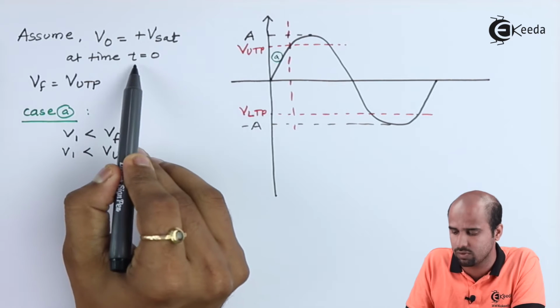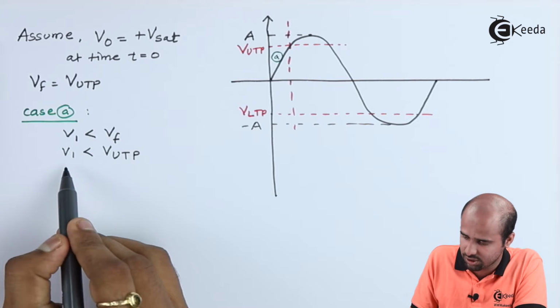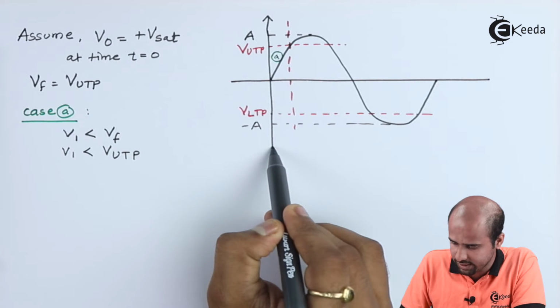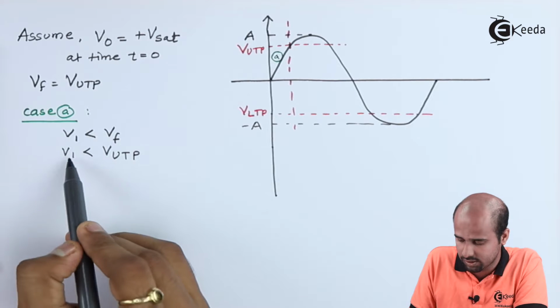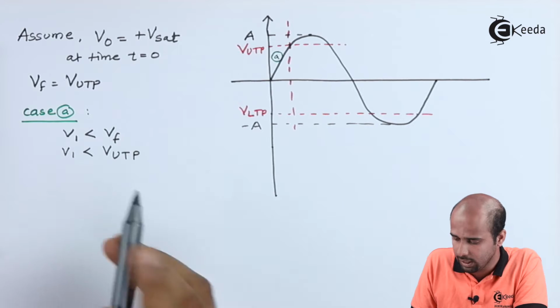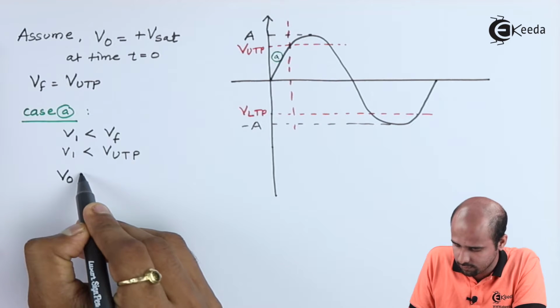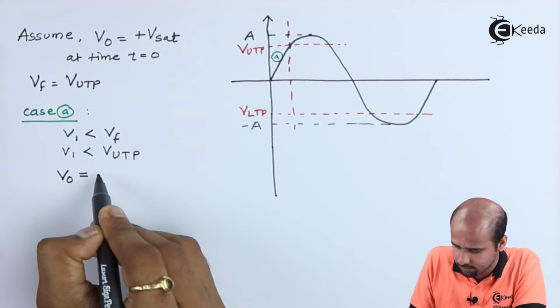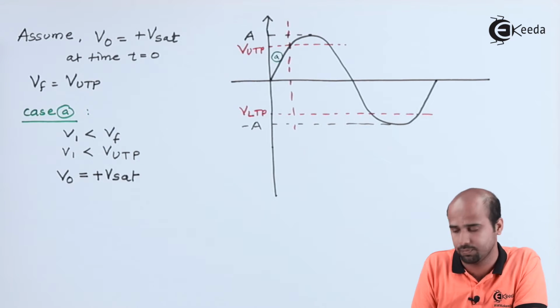Initially at time t equal to 0 it was plus VSAT, so the value of VO will remain plus VSAT.